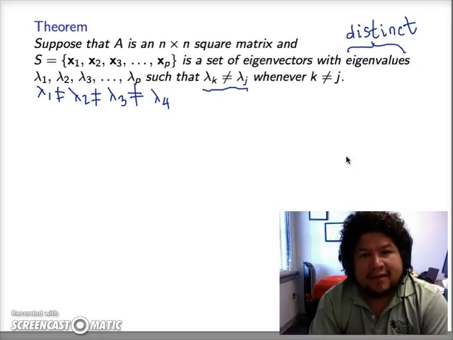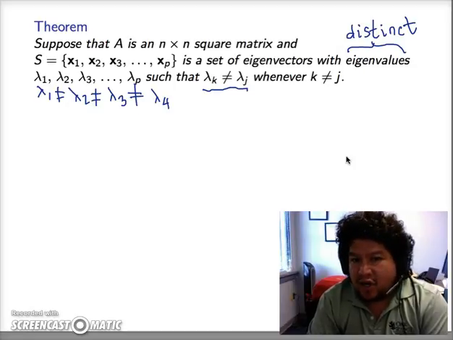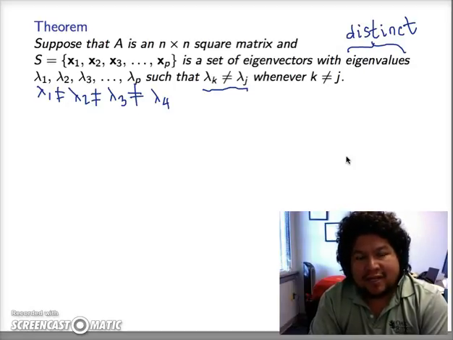The key here is we have a square matrix. It has some eigenvalues such that they're not identical, and then we have a set of eigenvectors where each eigenvector corresponds to each of those distinct eigenvalues.